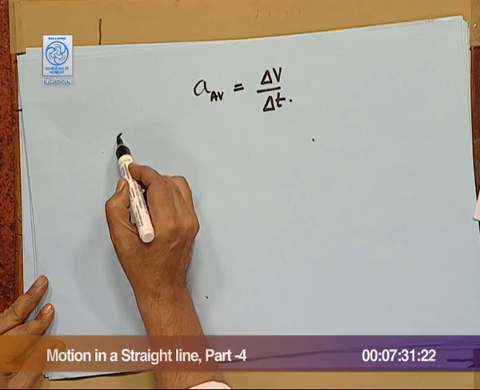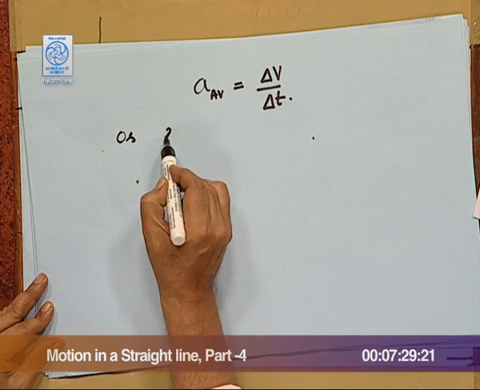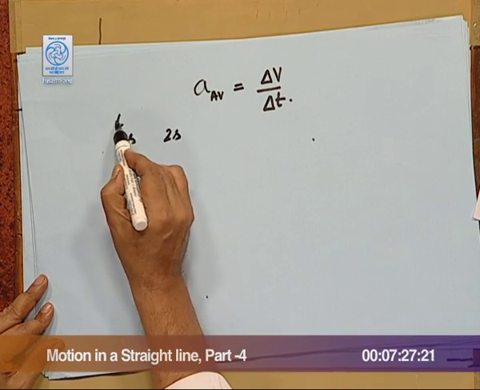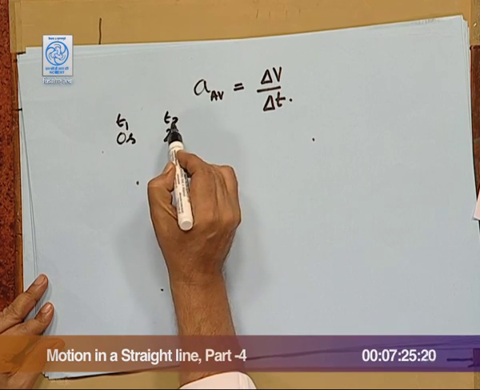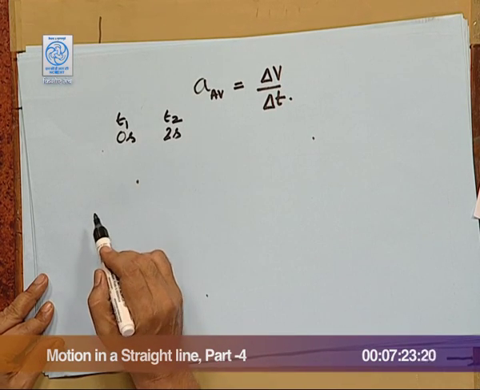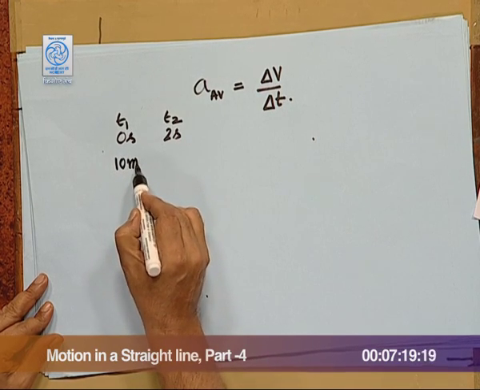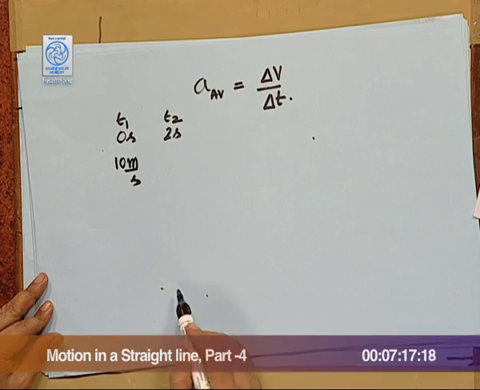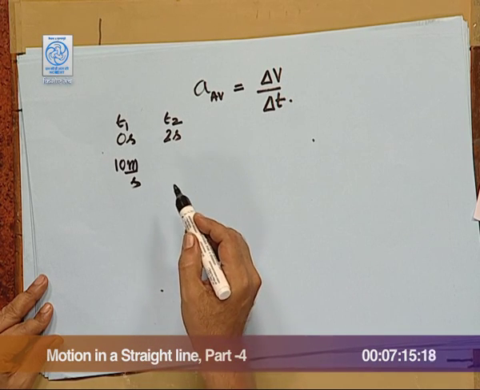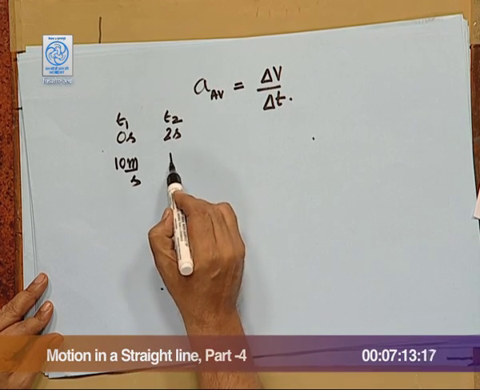In the interval say 0 to 2 seconds, let us take t1 as 0 seconds and t2 as 2 seconds. The velocity corresponding to t1 equal to 0 seconds is 10 meters per second and the velocity corresponding to t2 equal to 2 seconds is 18 meters per second.